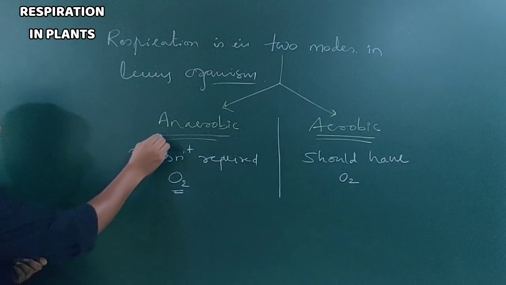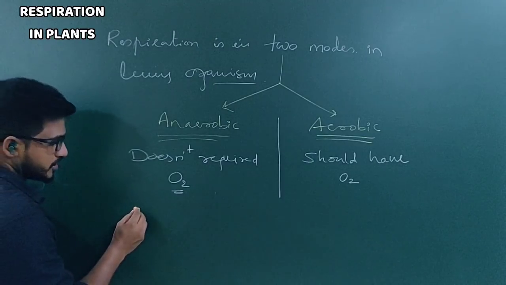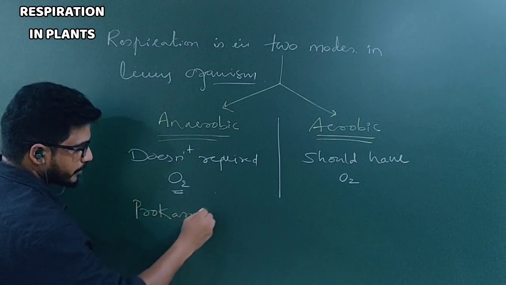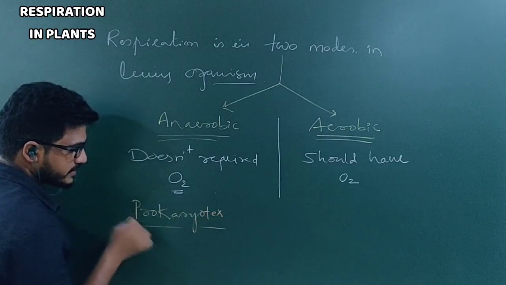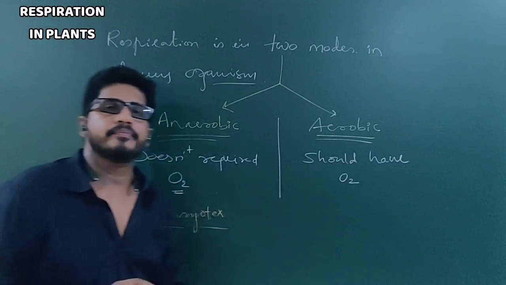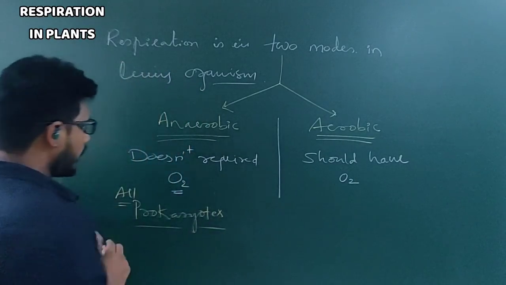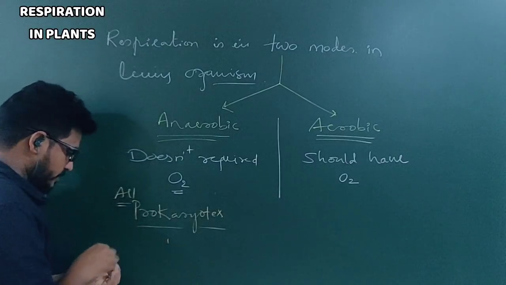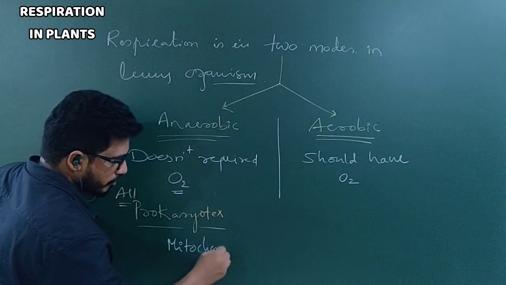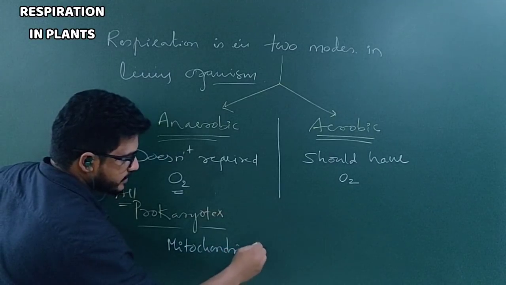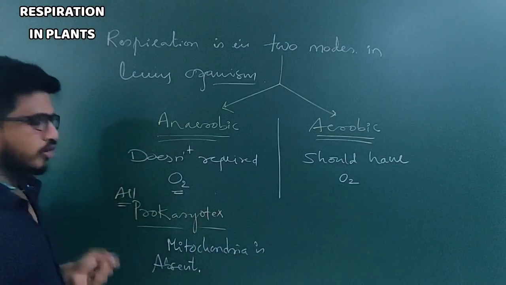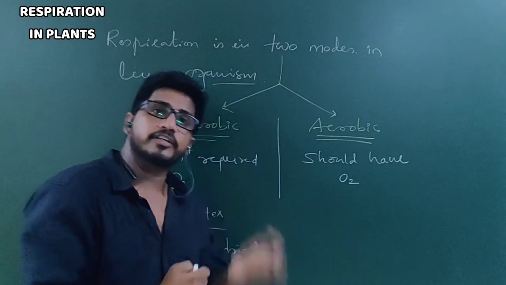Anaerobic respiration generally takes place in the prokaryotes. Yes, all prokaryotes, there is no doubt. Why? Because in all prokaryotes, mitochondria are absent. As mitochondria are not there, they cannot carry out further steps.